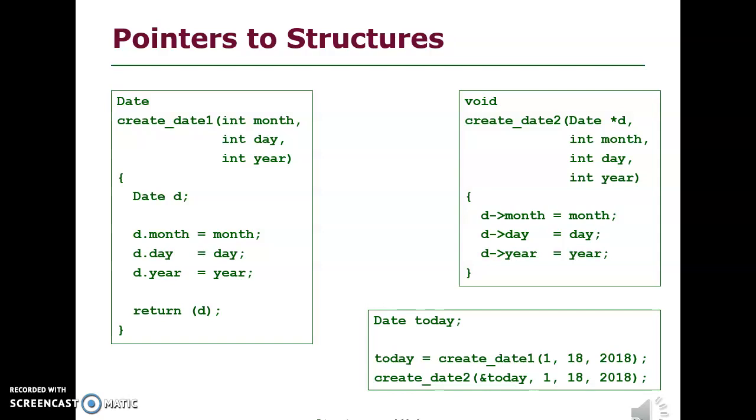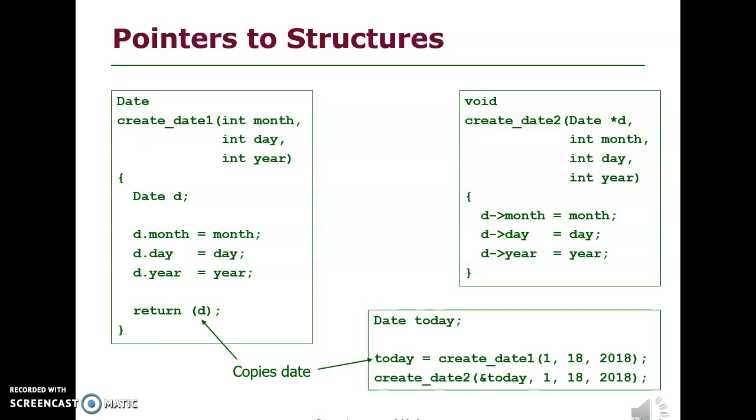And then return d. After returning d, today will have this value. So this is copied. After returning d, today.month will contain 1, today.day will contain 18, today.year will contain 2018, which you can print using the print statement.